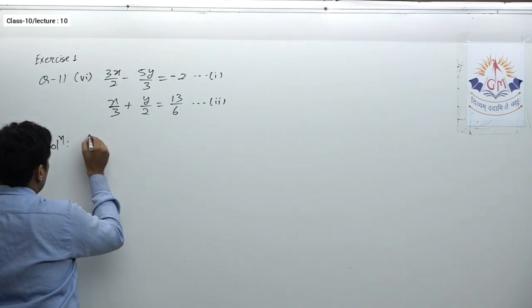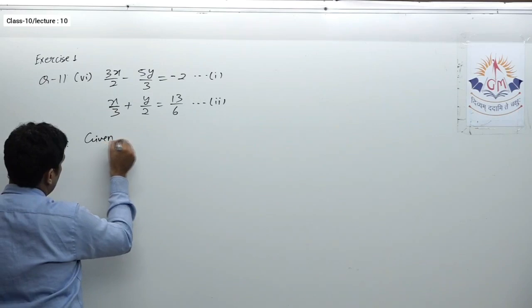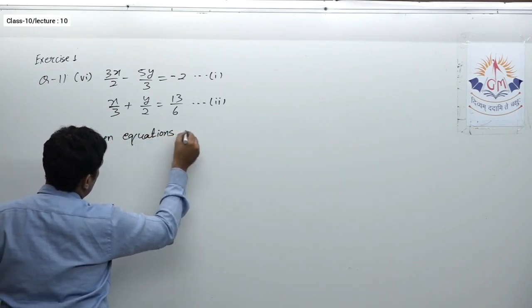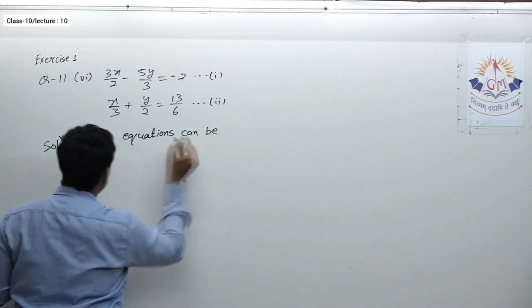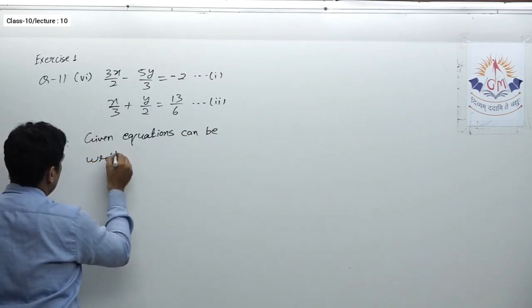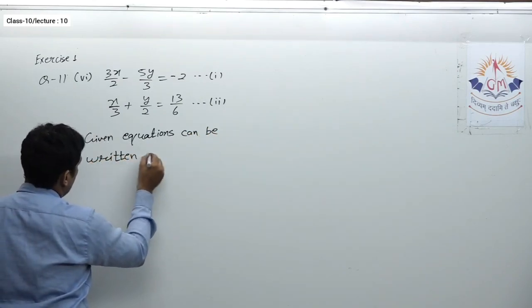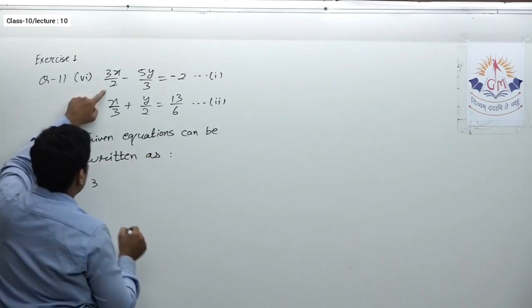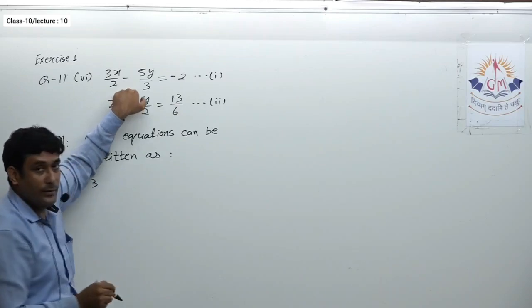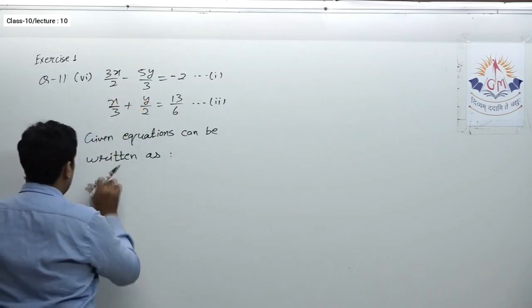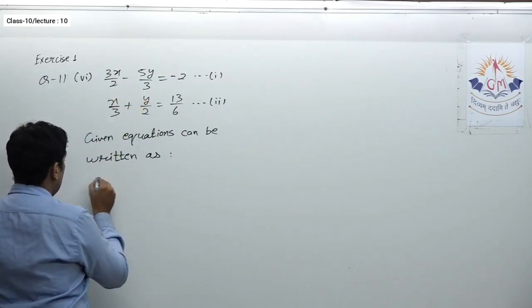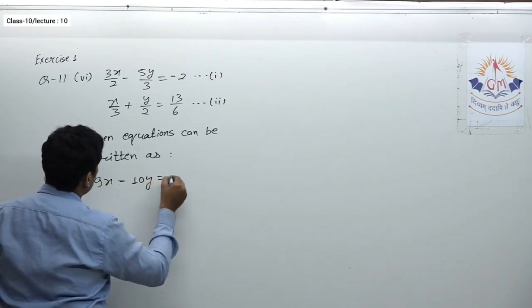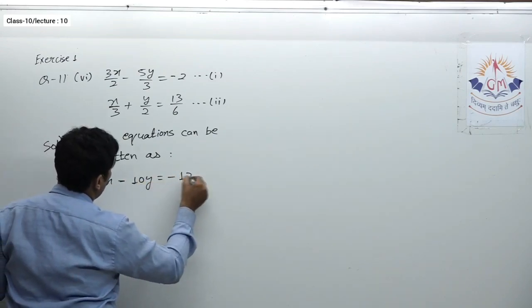Given equations can be written as follows. If I take the LCM, the LCM will be 6, isn't it? So I'll get 9x minus 10y is equal to minus 12.